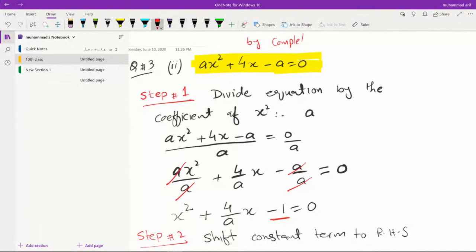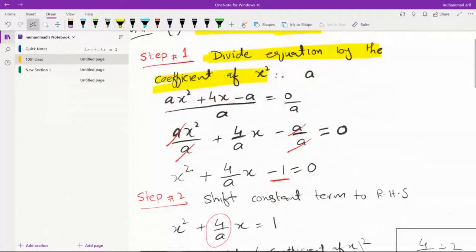By completing square method. What is our step number 1? Step number 1, divide equation by the coefficient of x square. Here, what is the coefficient of x square? It is a.